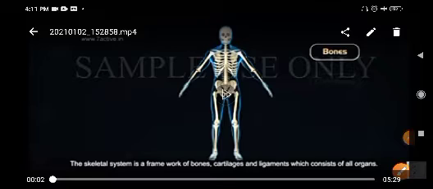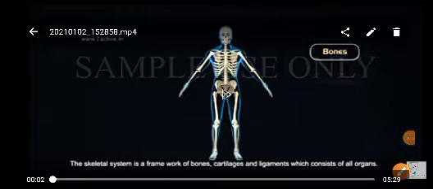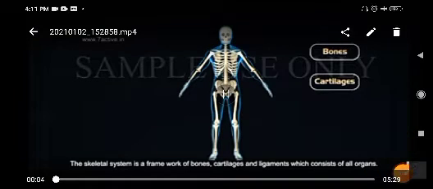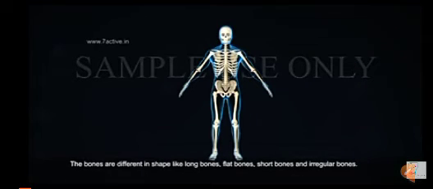Students, the structure which you are seeing on this slide on your screen is the structure of the human skeleton system. Now you know the skeleton system is a framework of bones, cartilages and ligaments, which consist of all the organs.